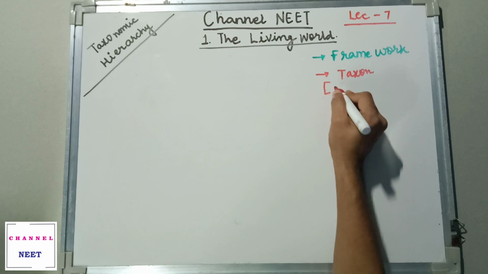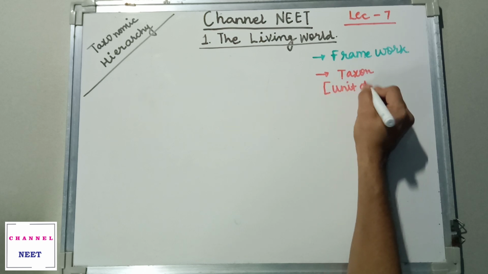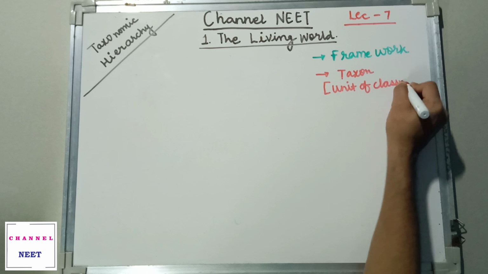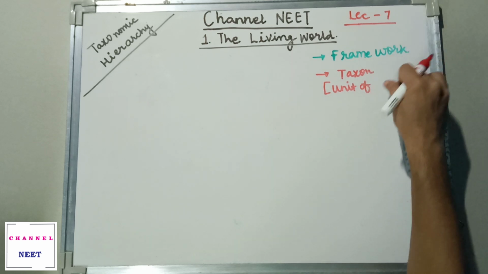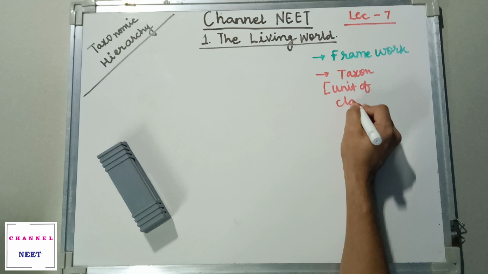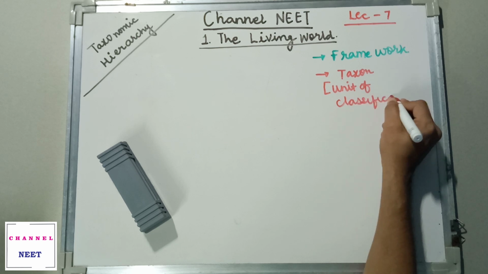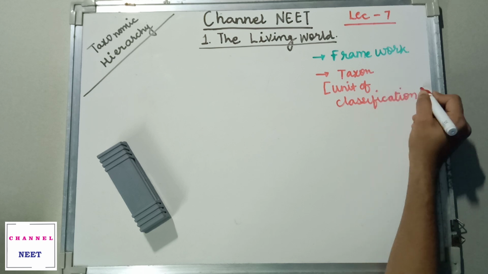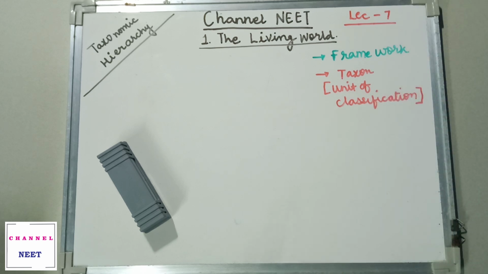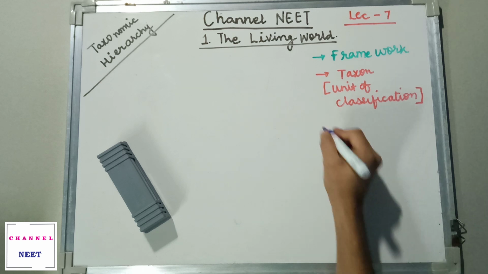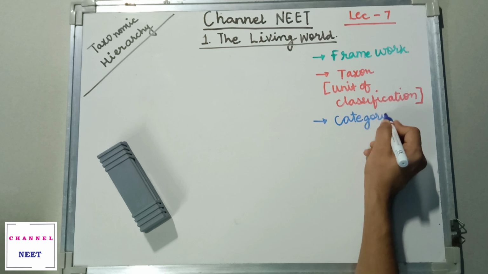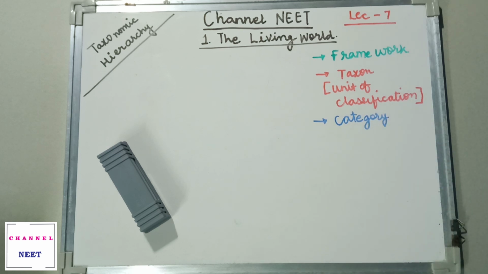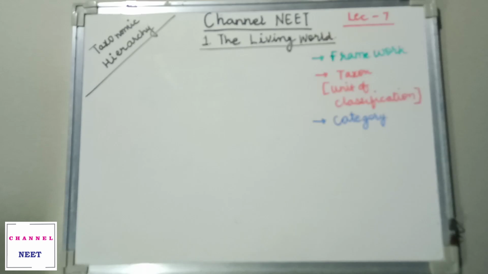We also call it unit of classification. And the third word I want you to remember is category. Keeping all these words in mind, we can understand what exactly is taxonomic hierarchy.